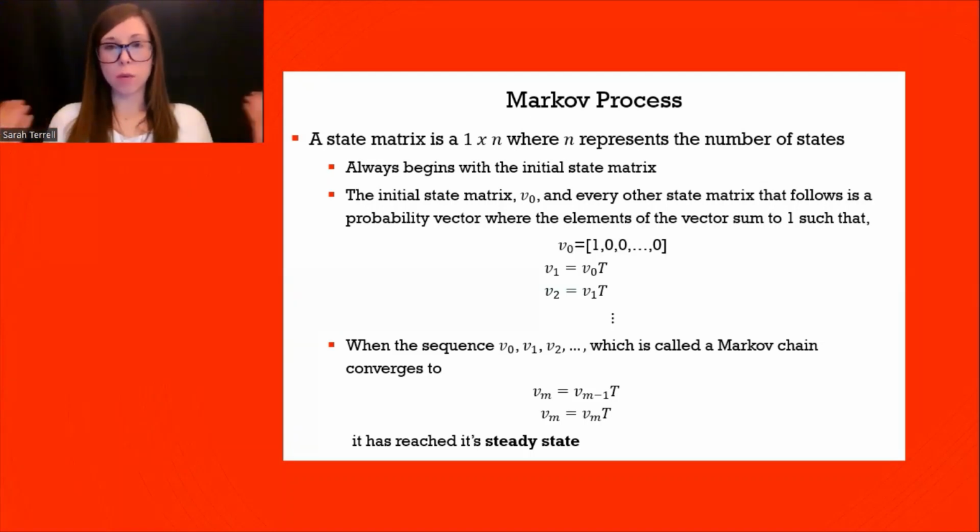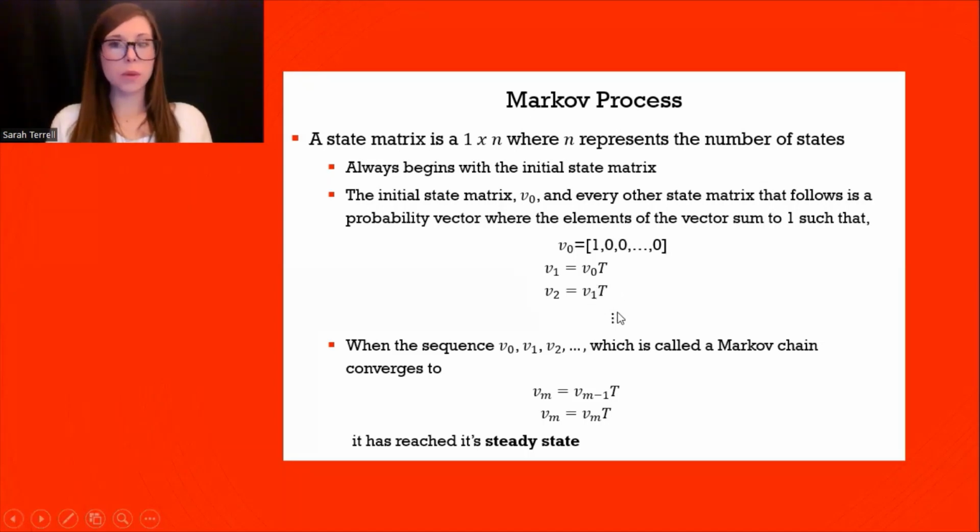Then we take V0, that initial state matrix, and we multiply it by that transition matrix that we were just talking about. What we get out of that is V1. Then we take V1, which is a probability vector showing us all of the potential places we could be, given that we started at Go, and we multiply that times the transition matrix.